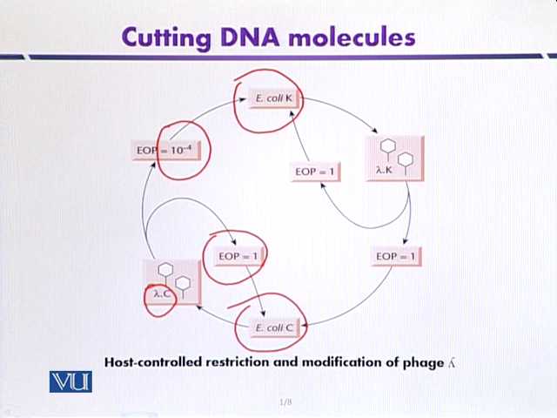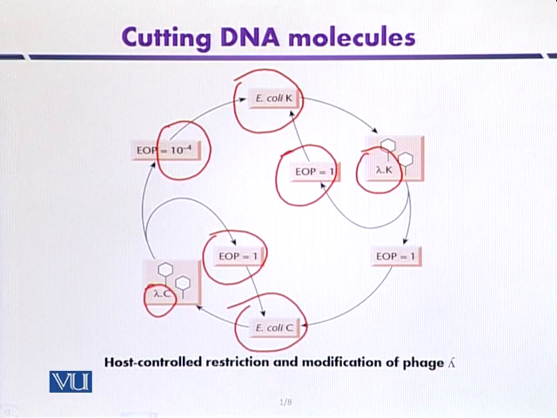That indicates restriction of the phage by the second host strain, E. coli K. But once the phages have been grown on E. coli K, if they are used to reinfect E. coli K, then the plating efficiency is high.